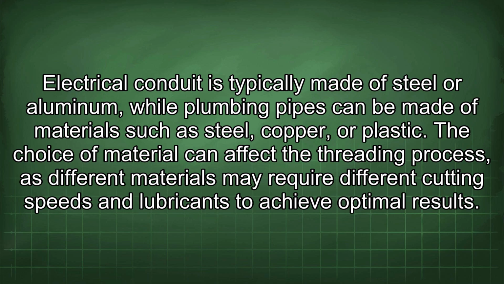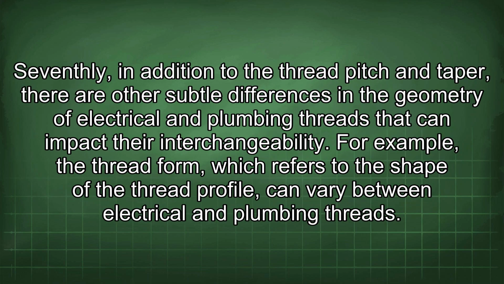The choice of material can affect the threading process, as different materials may require different cutting speeds and lubricants to achieve optimal results. Seventhly, in addition to the thread pitch and taper, there are other subtle differences in the geometry of electrical and plumbing threads that can impact their interchangeability. For example, the thread form, which refers to the shape of the thread profile, can vary between electrical and plumbing threads.